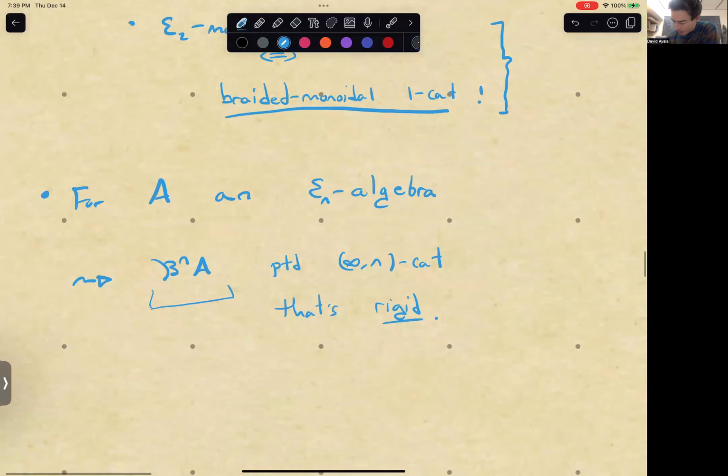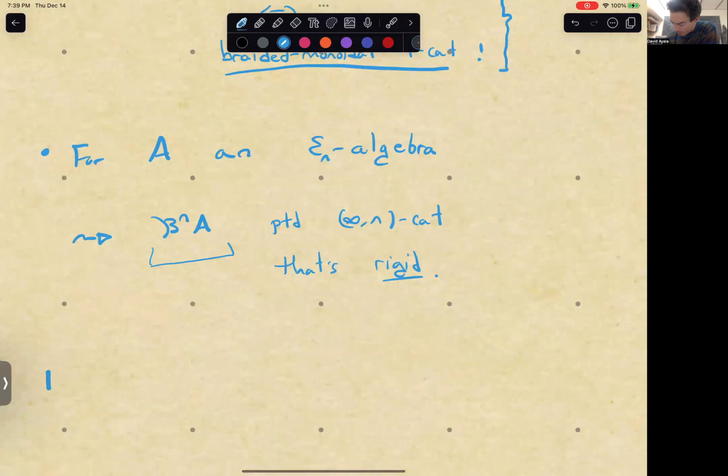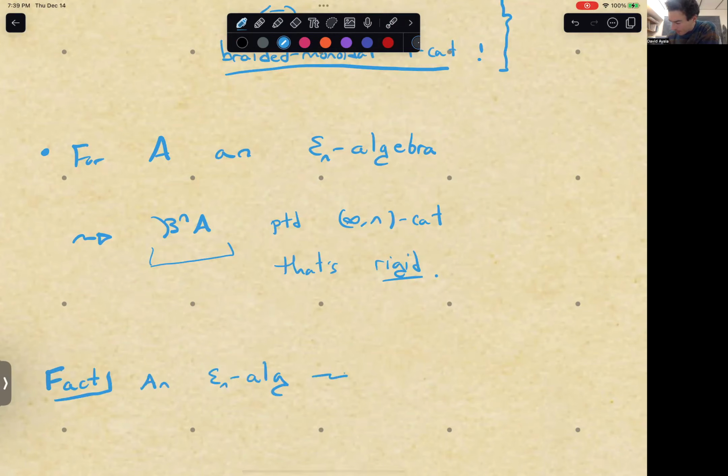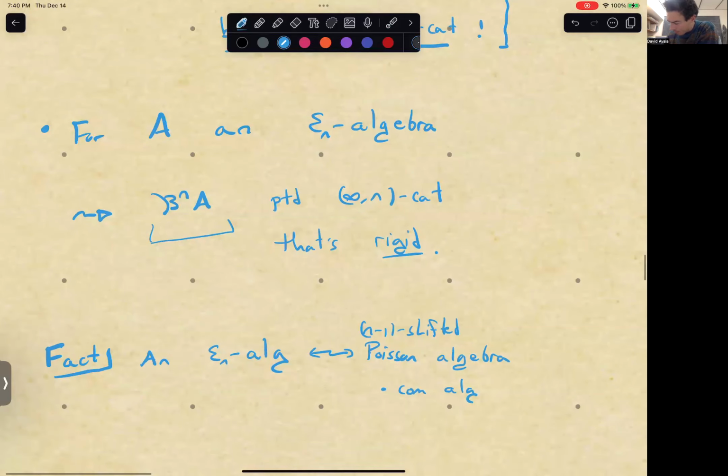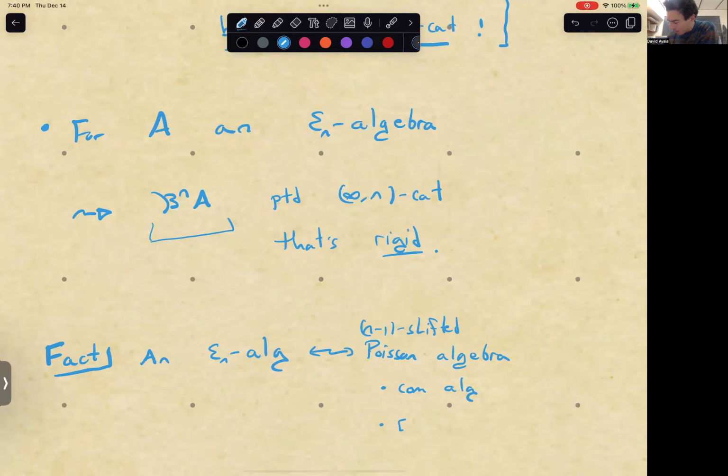And if I'm going to name one other fact, an EN algebra is the same thing as a Poisson, an n-shifted, or actually n-1 shifted Poisson algebra, which is a commutative algebra and an n-1 shifted Lie algebra.